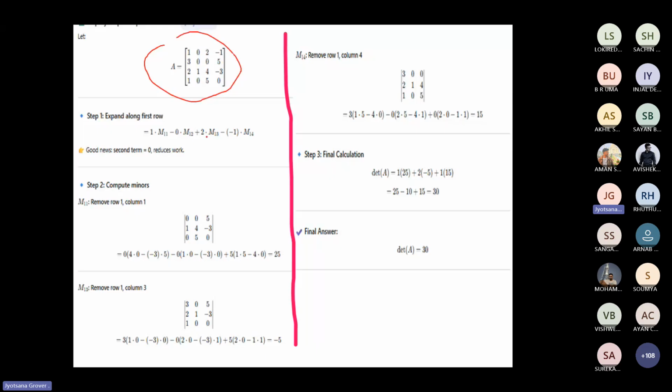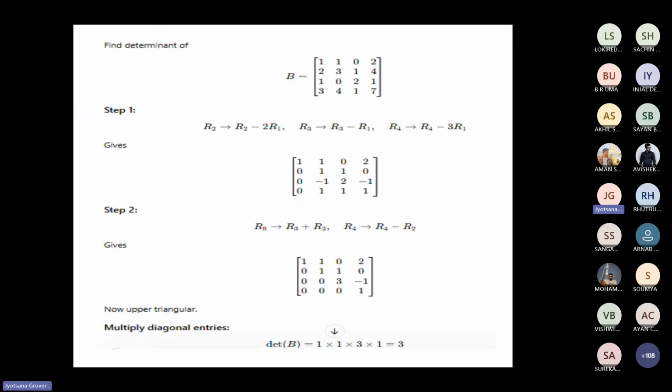Only if you do the row elementary operations will you get the correct determinant value. If you do the column operations, those are not valid operations.